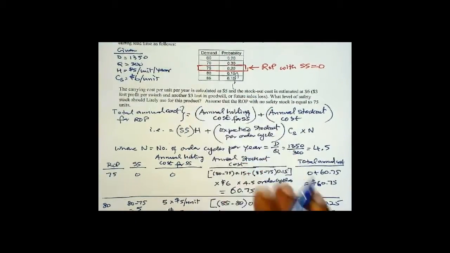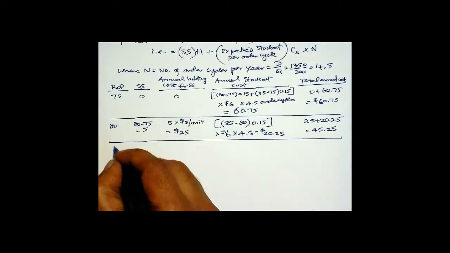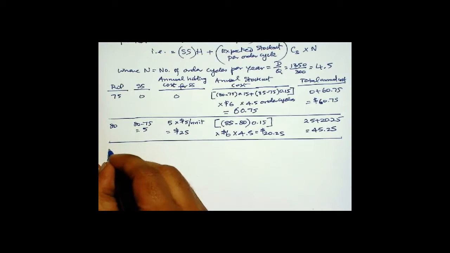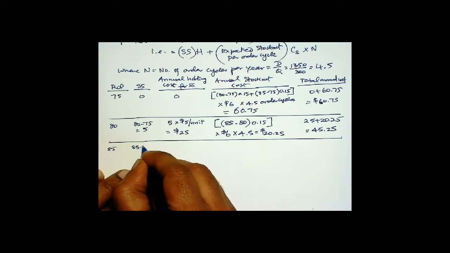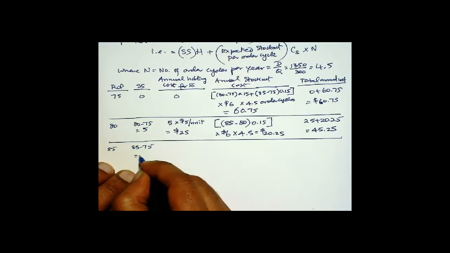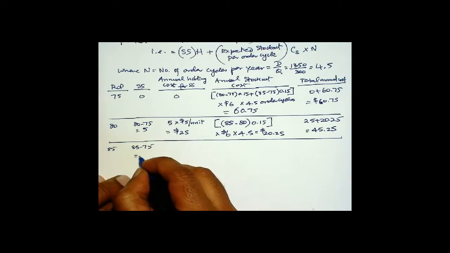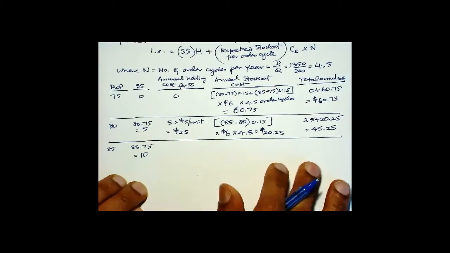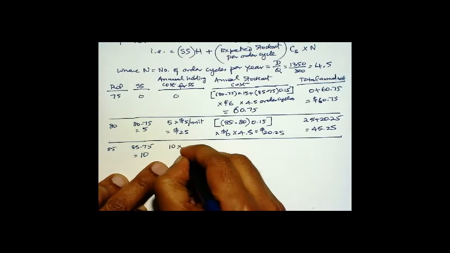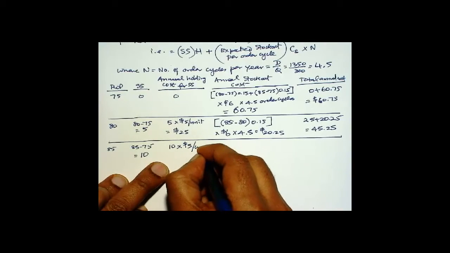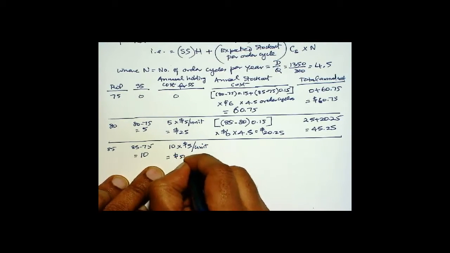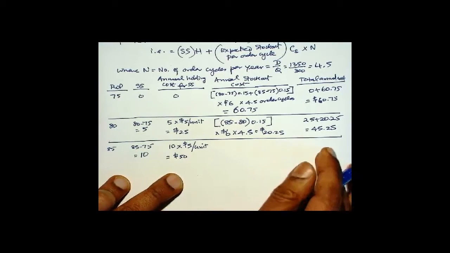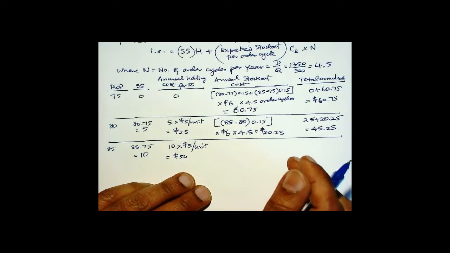Now let's look at the last case, which is 85. If we set ROP to 85, then 85 minus 75 will be the safety stock. Then 10 units times $5 per unit will be your annual holding cost for safety stock.